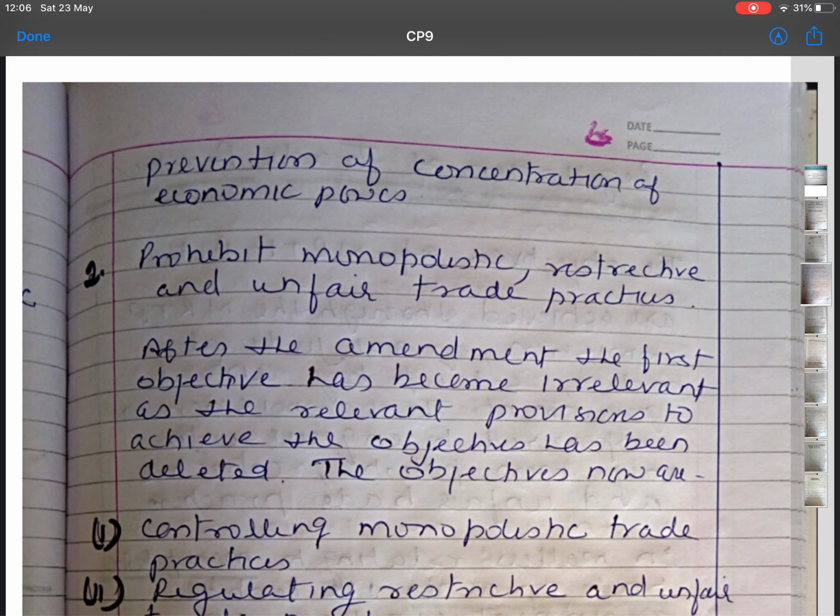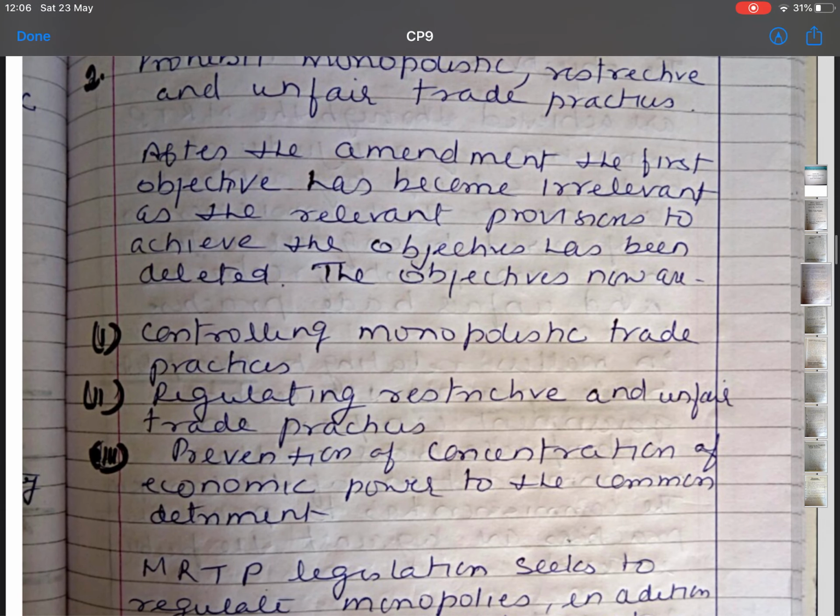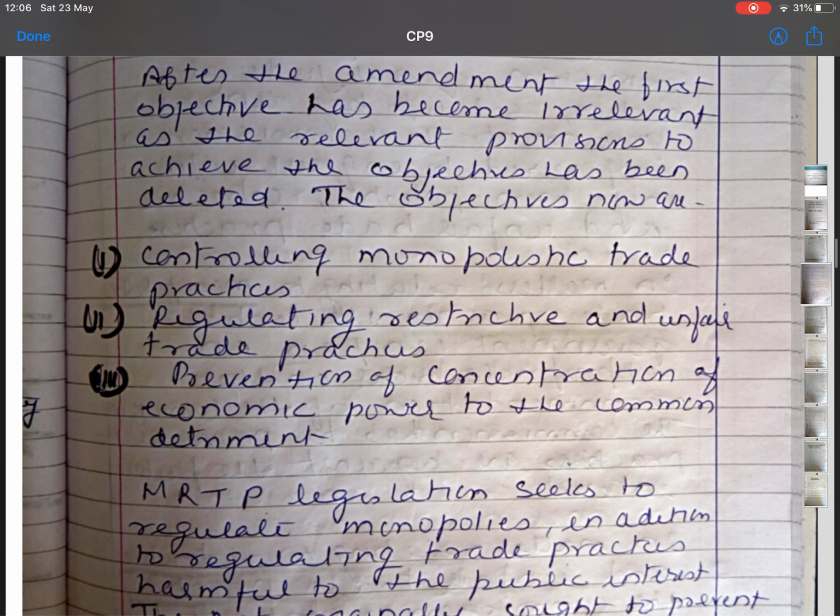Now, after the amendment made in the MRTP Act in the year 1991, the objectives are controlling monopolistic trade practices, regulating restrictive and unfair trade practices, and prevention of concentration of economic power to the common detriment.